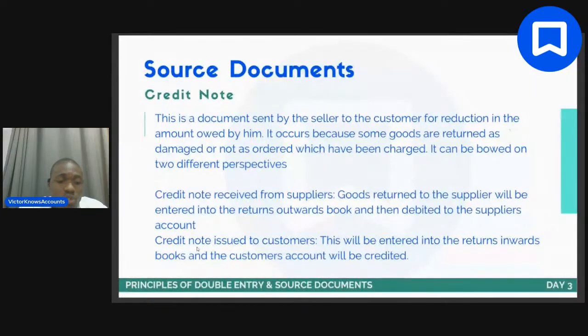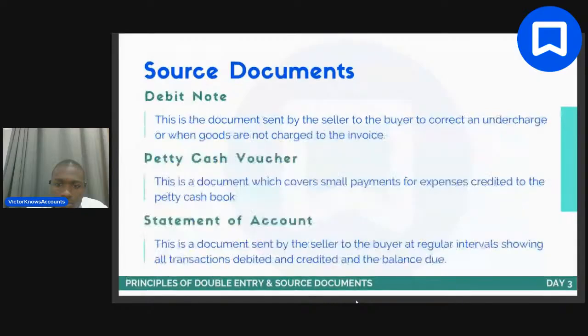All right. So now let's move to debit note. This is the document sent by the seller to correct an undercharge or when goods are not charged to the invoice. So the way debit note works, still pay attention, it is still the supplier that sends debit note.